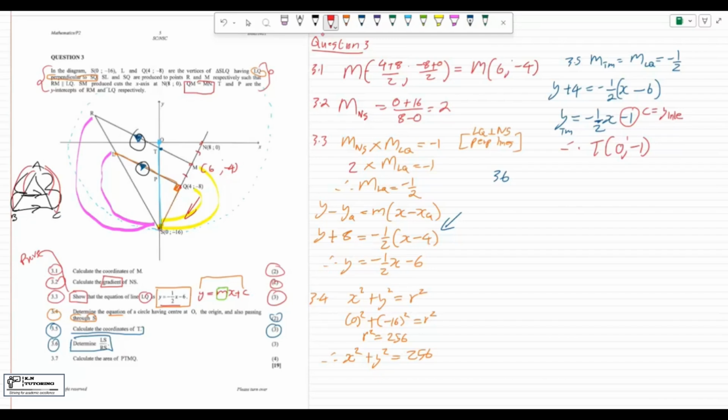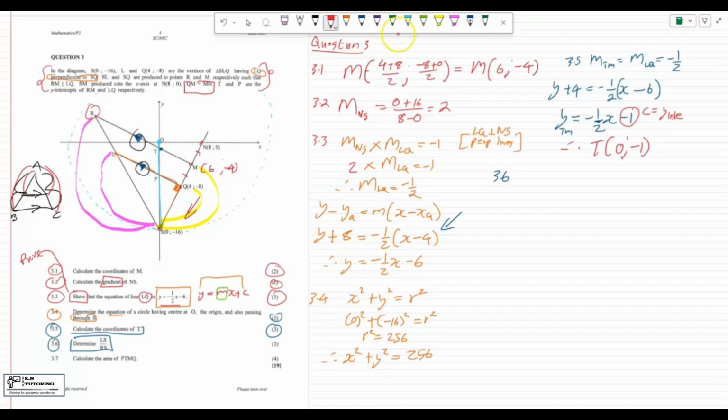Okay, so the reason it's really difficult for me to find LS over RS is that I don't have the coordinates of R. I only have the coordinates of S, so I can only work on the yellow side, the right-hand side, because that's where I've got the coordinates.